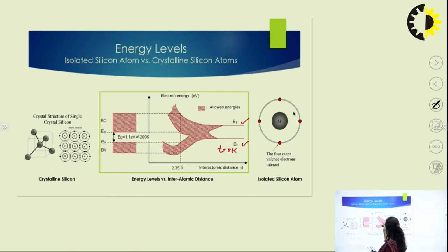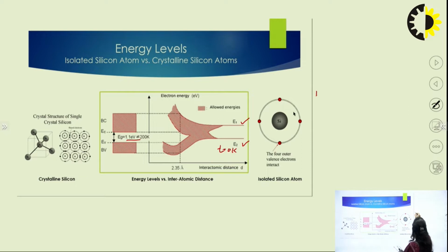But when they come closer to each other at 200 Kelvin for silicon, we have a V-shaped or M-shaped type of structure, where the atoms come closer and the wave functions overlap with each other.